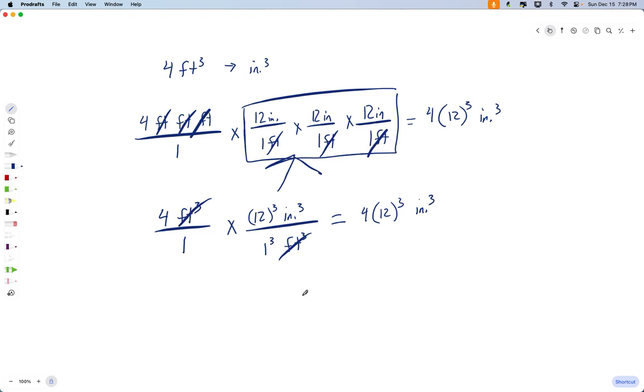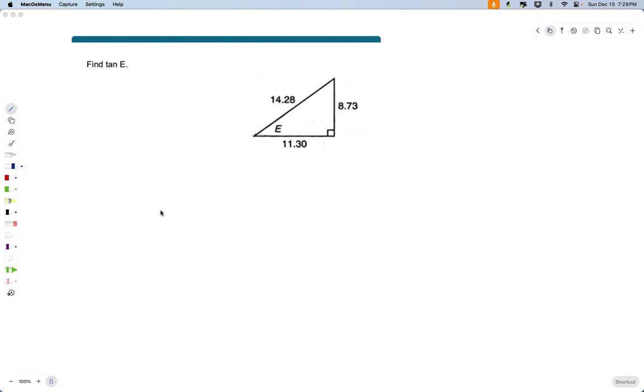All right, here we want to find the tan of E. So remember what we've done before. Tan of E, that's TOA. So opposite over the adjacent. So the tan of E is equal to the opposite over the adjacent, because this is the hypotenuse.